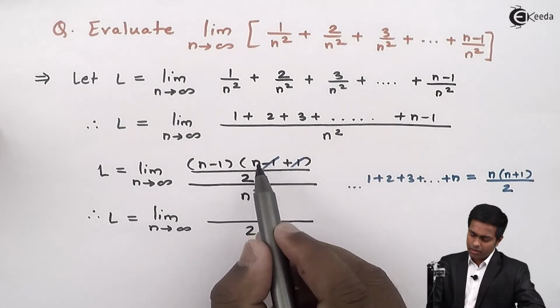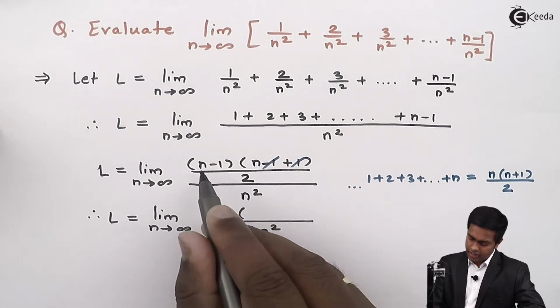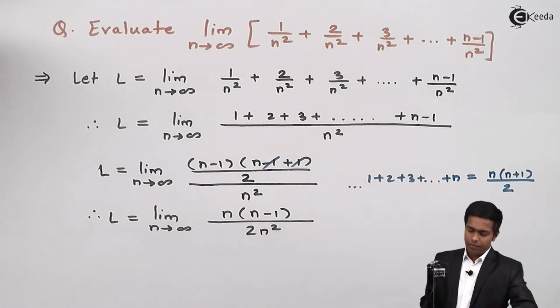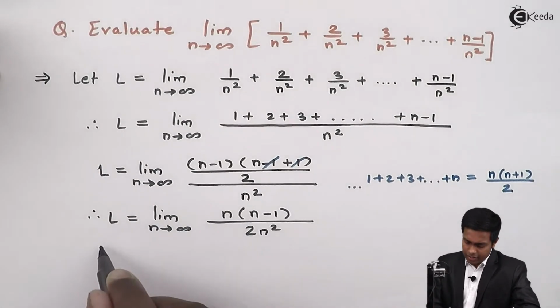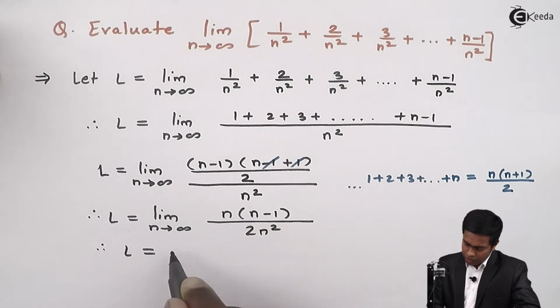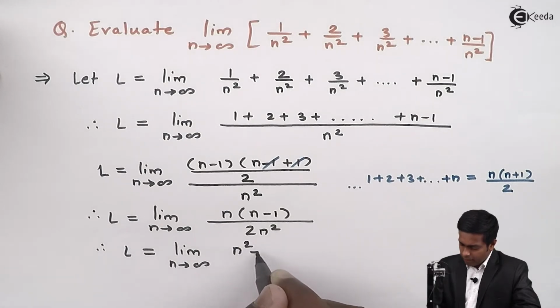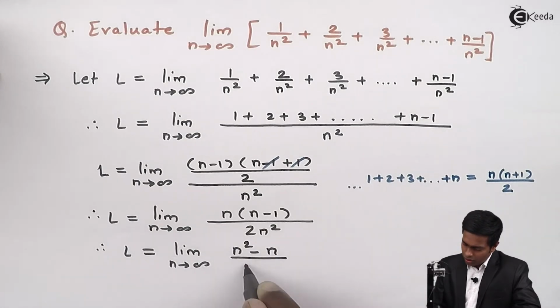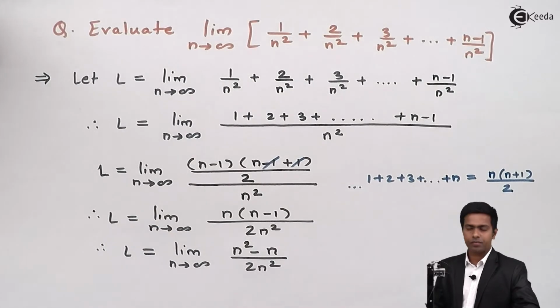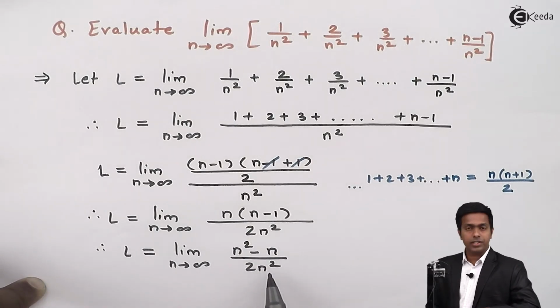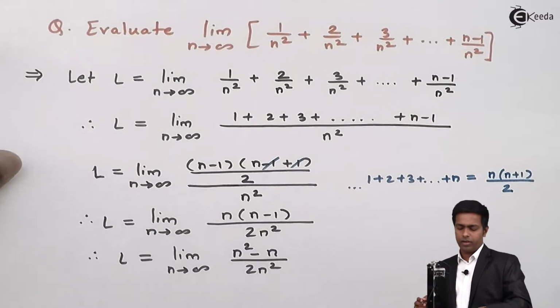In the numerator n remains, and n minus 1 remains. Therefore L equals the limit as n tends to infinity of n square minus n upon 2n square. If we divide it separately, we get n square upon 2n square and n upon 2n square.